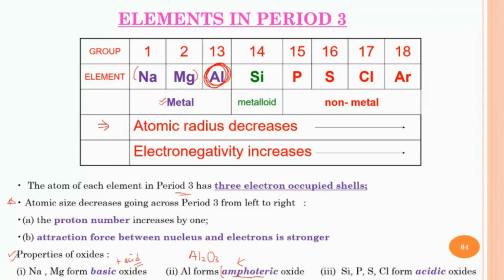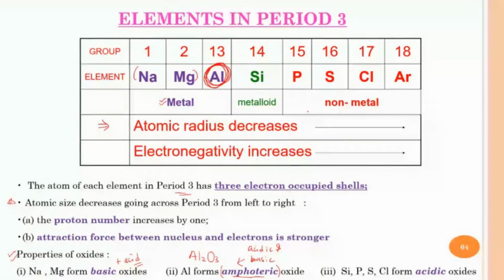You must remember the spelling: amphoteric. It has both acidic and basic properties, meaning that it can react with acid and it can react with alkali.